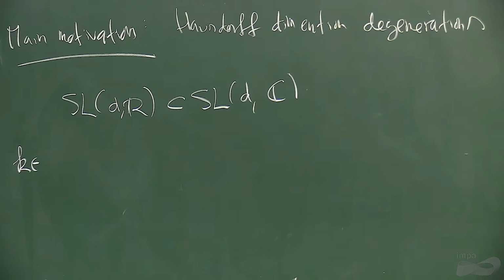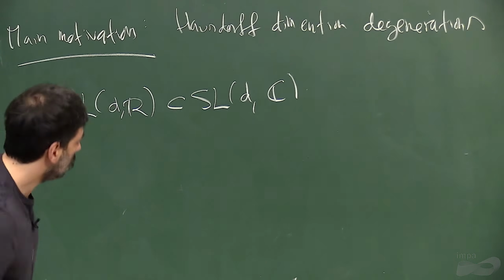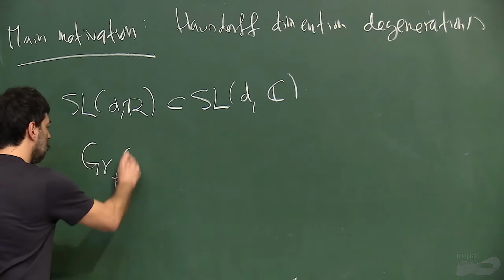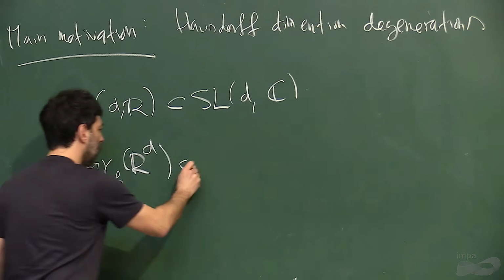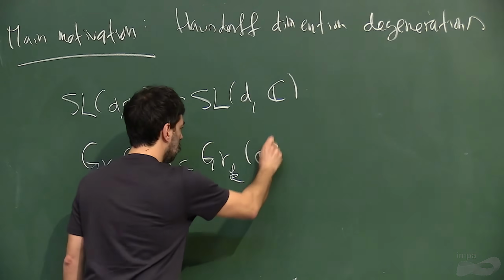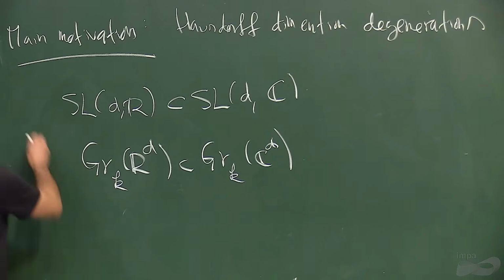So pick some Grassmannian of R^d. And now this is naturally sitting inside here. Now I have my group. I had my group before, so I have my rho here.